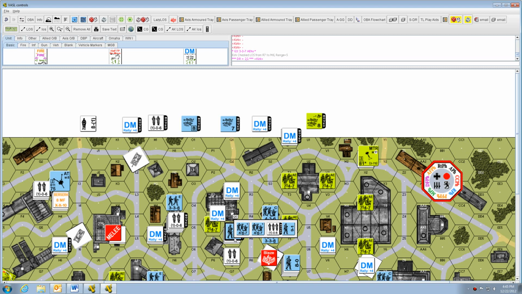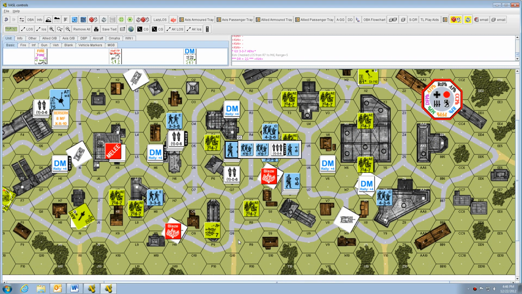And don't forget, the German player can decide immediately if he wants to deploy that full squad into two half squads. He has this other American full squad next to him, so probably it would be a better idea to deploy into two half squads. But in this case, for whatever reason, the German player decides not to.